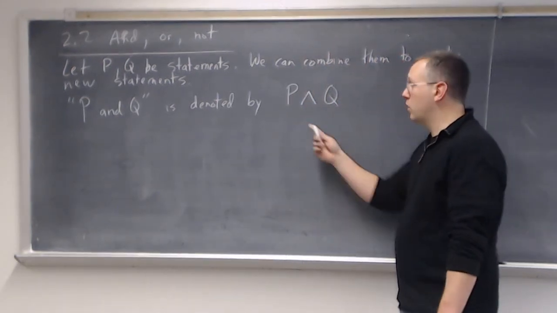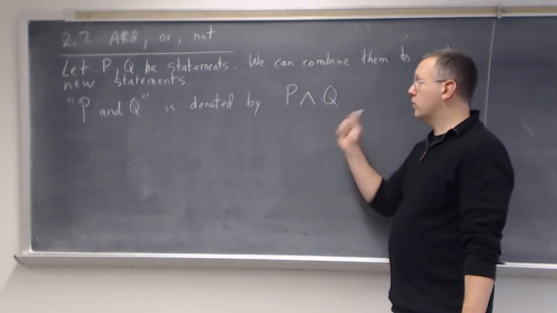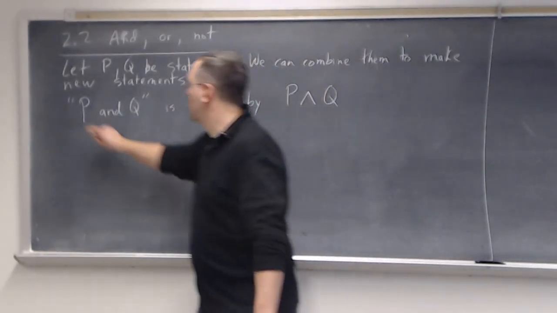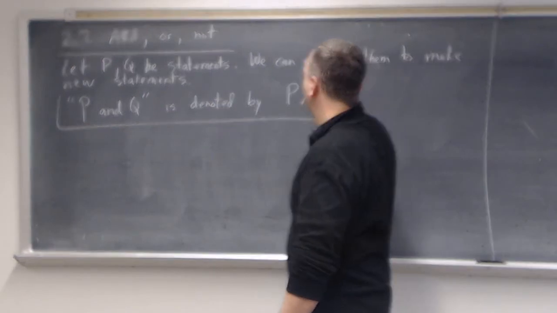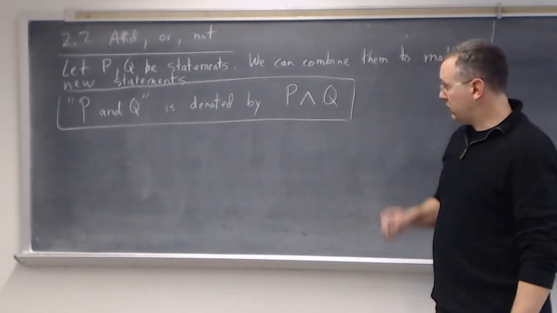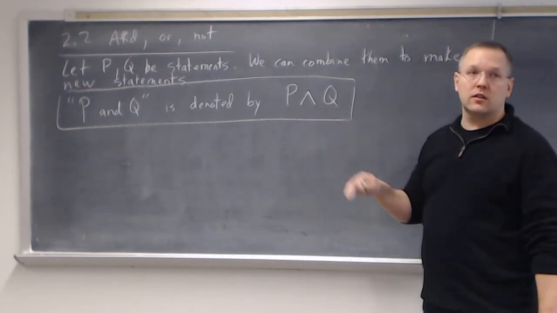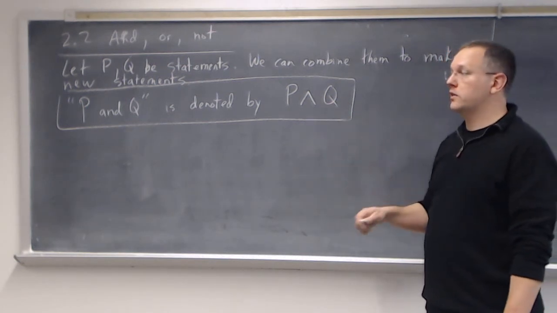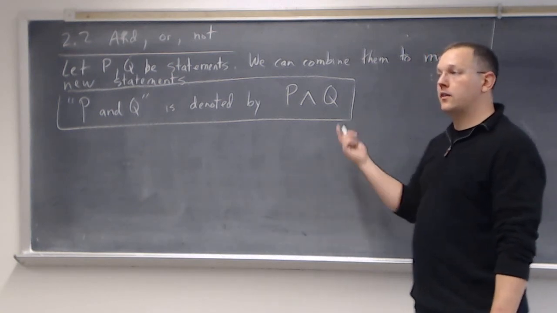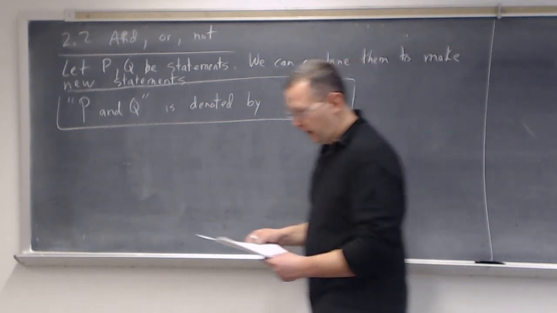When you see this symbol, you just read it, P and Q. Remember, it's almost like the intersection: a point is in the intersection of two sets if it's in one set and in the other set. So it's kind of analogous notation here for and.